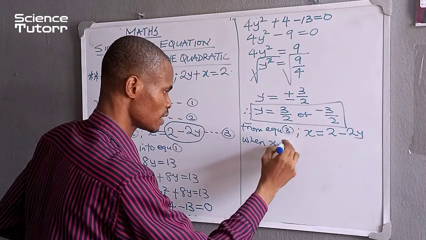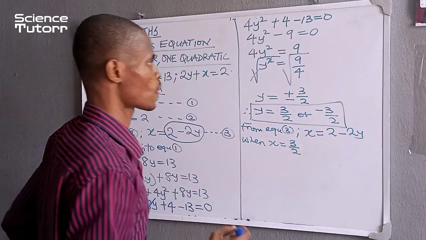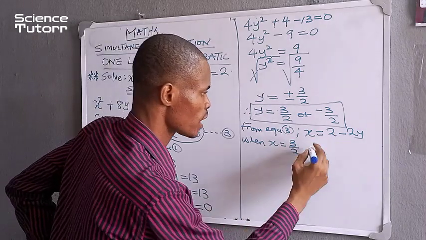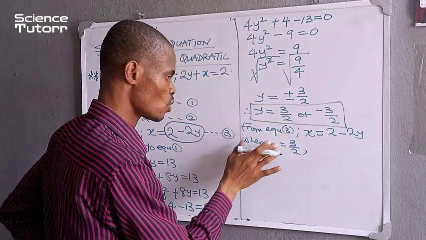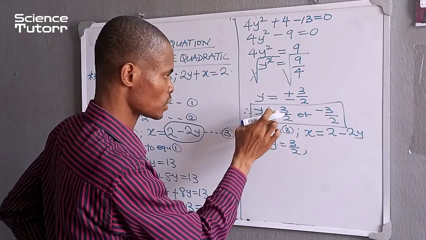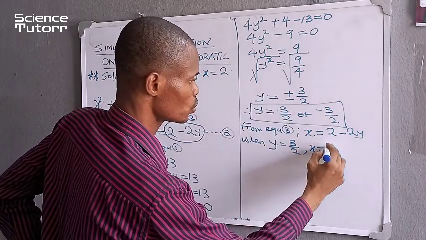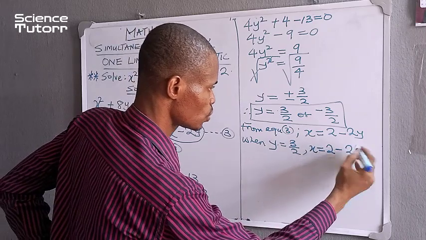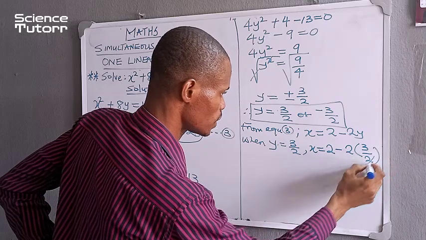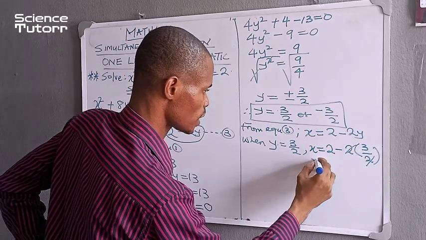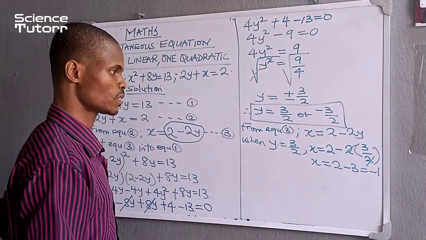When y is 3 over 2, in the first case, we have x equal to 2 minus 2 into 3 over 2. So this cancels this. So we are left with x equals 2 minus 3, which is minus 1. That is the first case.